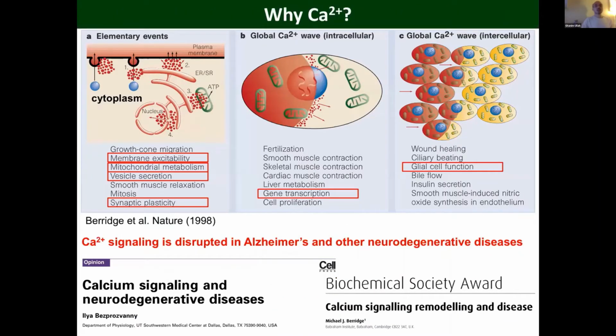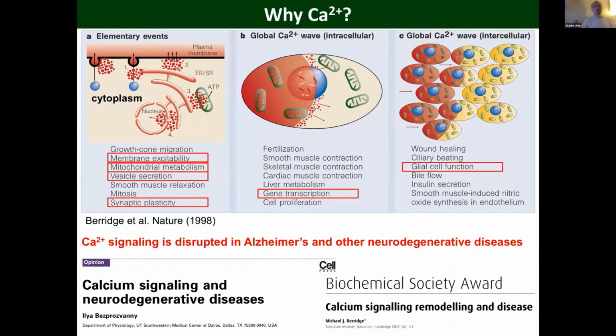Khalid showed this slide. Just to remind you what he said, there are these different scales of calcium activity, the ones which happen at the single channel level or a few channels being clustered together.